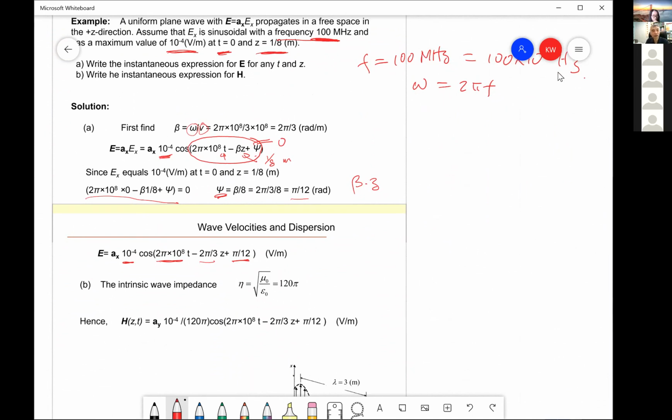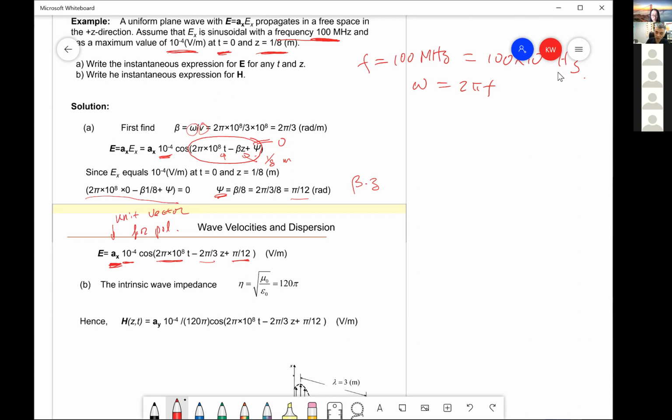And don't forget, the electrical field is a vector, so you must have a polarization direction. This is the unit vector for polarization, in the x direction.